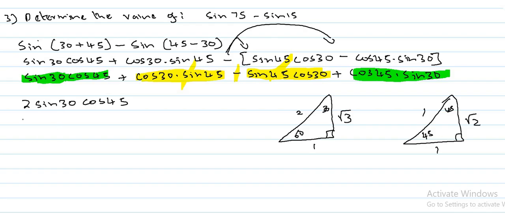So when we simplify our answer, this will be 2 into the sine of 30. We said it's 1 over 2. The cos of 45, cos is opposite over, my apology, we did a mistake here.